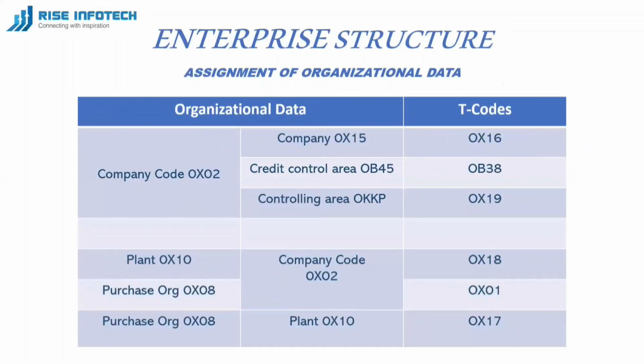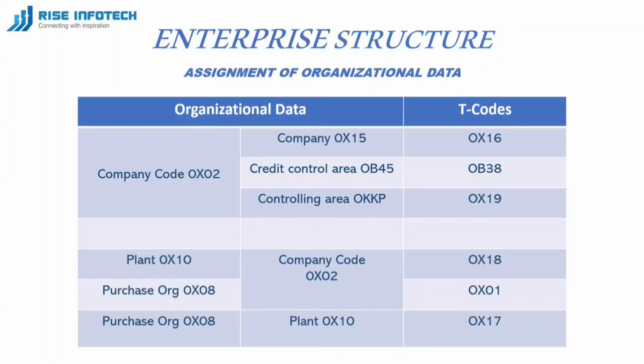And in enterprise structure, we are doing the assignments also: company code to company, the T code was OX16; company code to credit control area, T code was OB38; and company code to controlling area, T code was OX19.